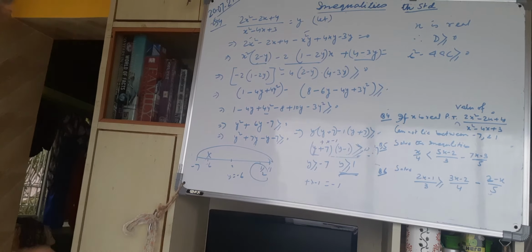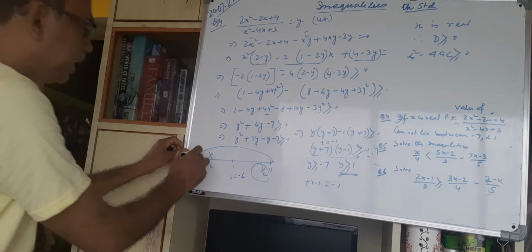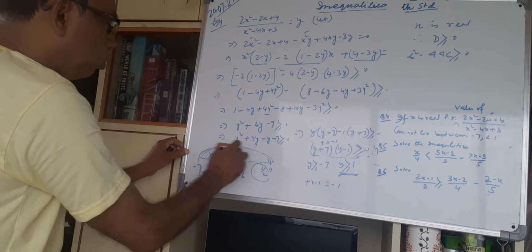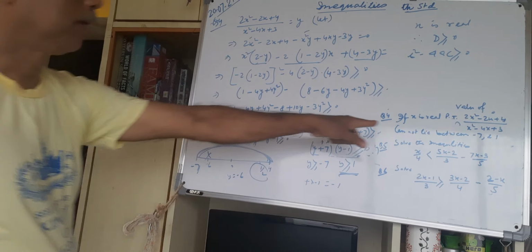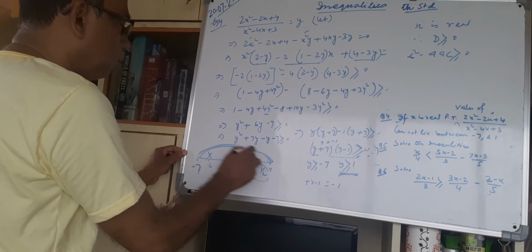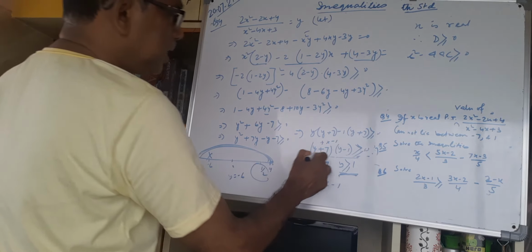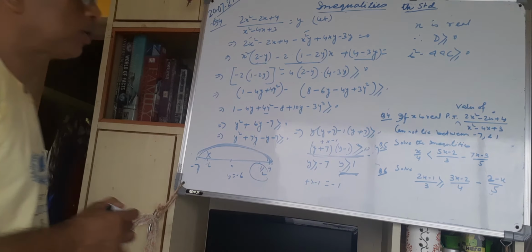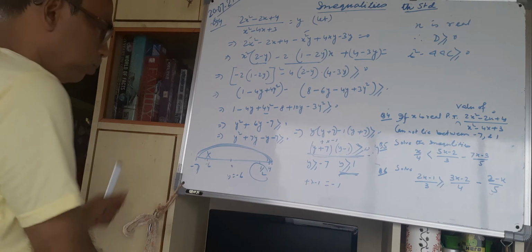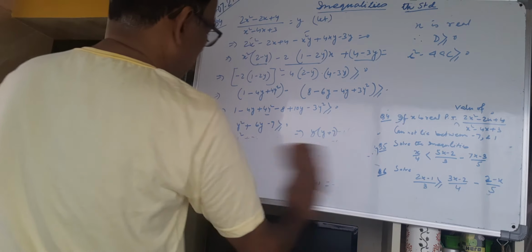Therefore, this will not satisfy also. Therefore, within this range, that is minus 7 to 1, the value of the expression cannot lie between minus 7 and 1. Therefore, hence proved.